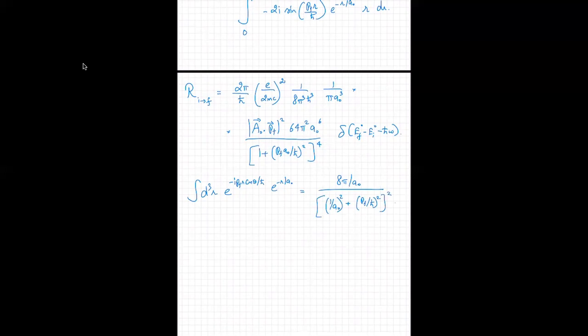Once you get this answer for the integration, the rate is straightforward because you simply have to square this quantity to get the rate of transition.